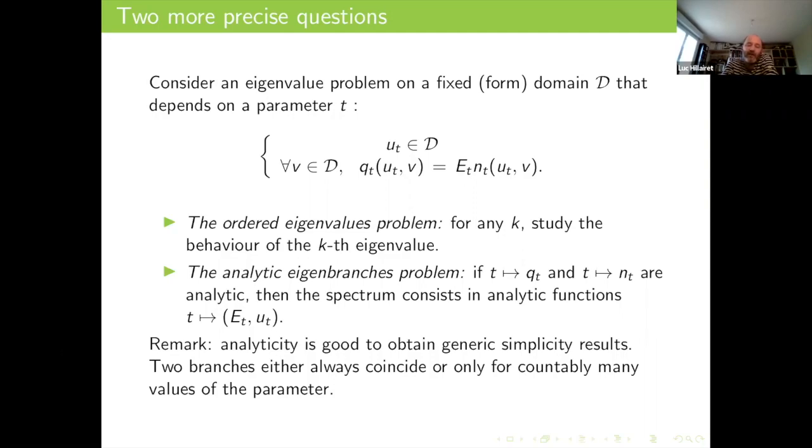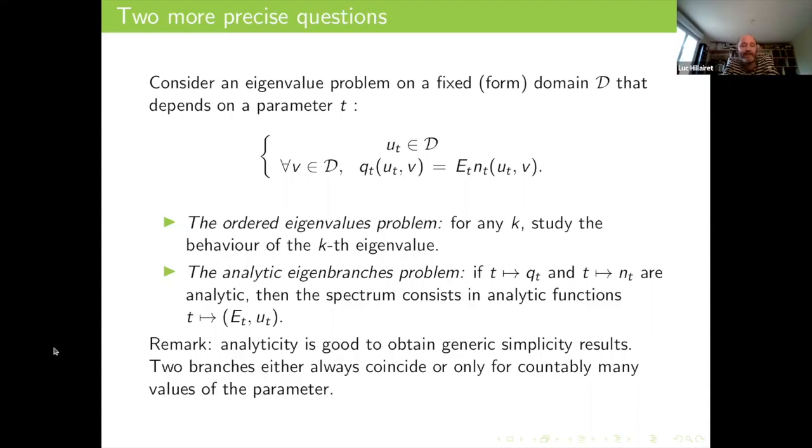There are a countable number of analytic functions e_t, with another index n, which I don't write, and that describes exactly the spectrum. And you also have analyticity for the corresponding eigenvector.